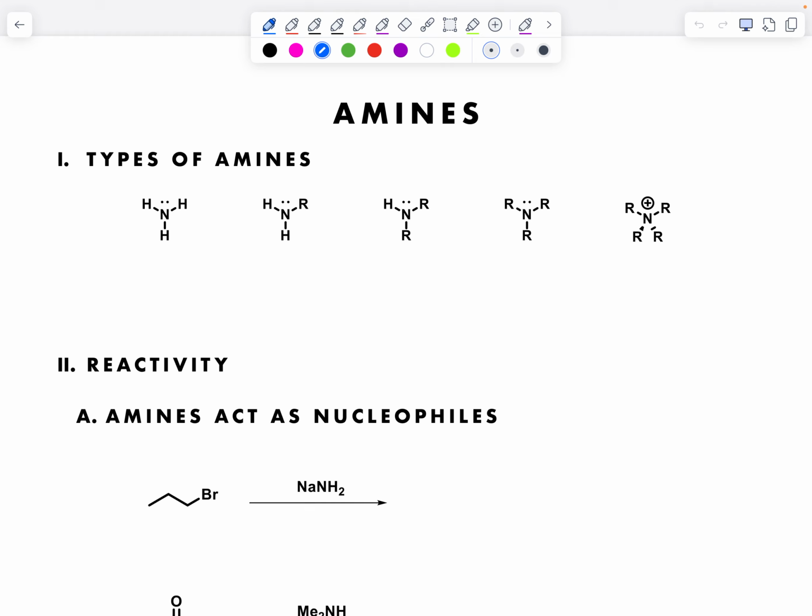I don't know that we know necessarily when that happens. So if you transfer it off before, that's fine. If we drew it in one step without the intermediate, pushing the electrons up to the O and then having them come down the other side and kicking off the leaving group, do you want us to draw the intermediate? Yes. Draw the tetrahedral intermediate. So are you saying to have this arrow go all the way around and kick this off? Or are you saying add the arrow and then kick that off?